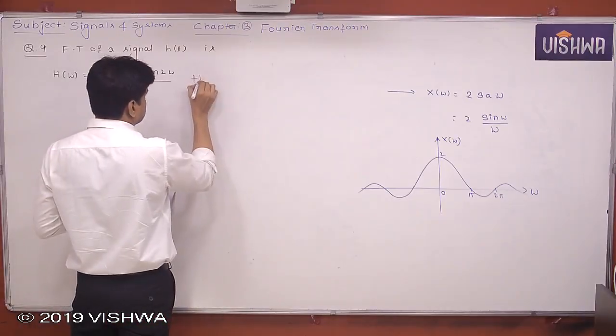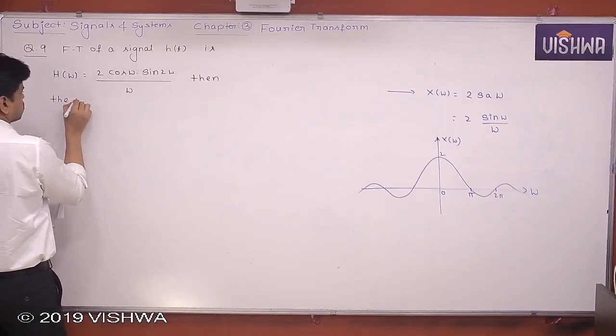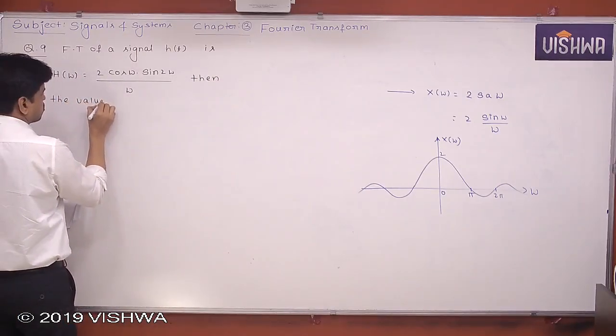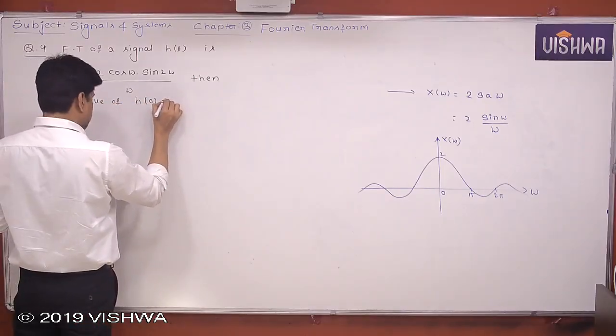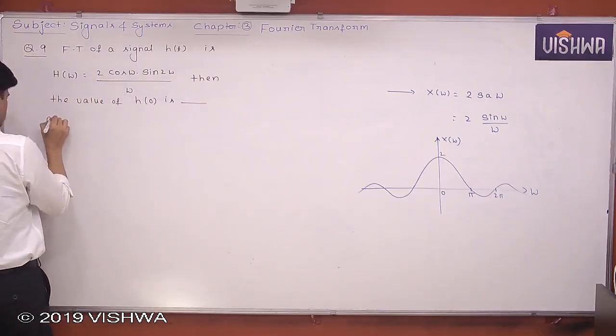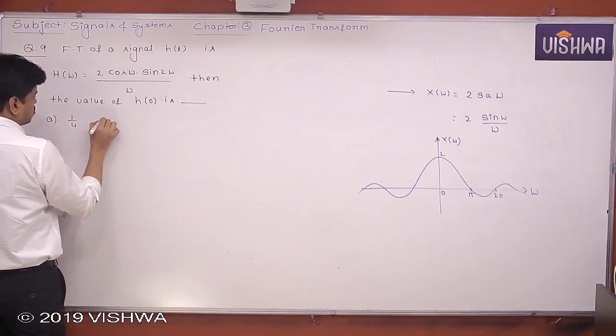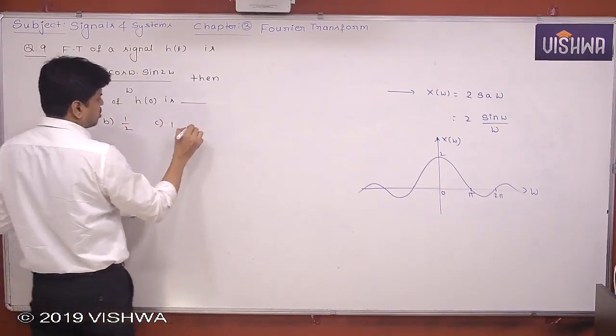Then the value of small h of 0 is dash. Options: 1 by 4, 1 by 2, 1.